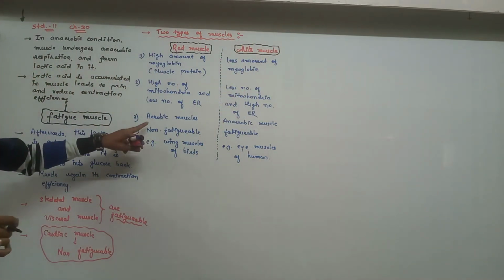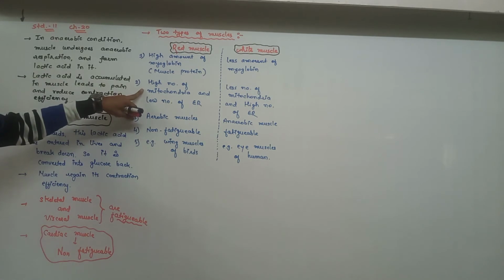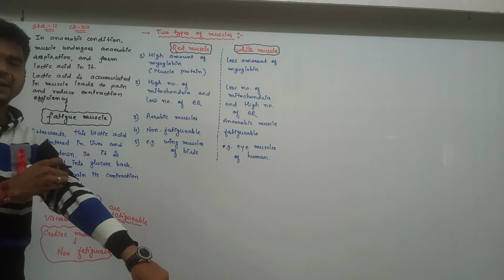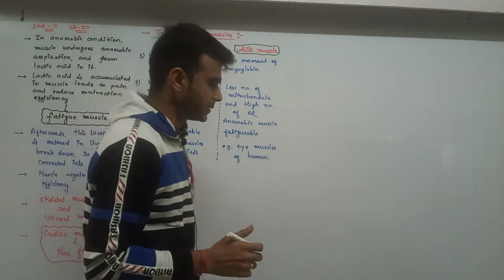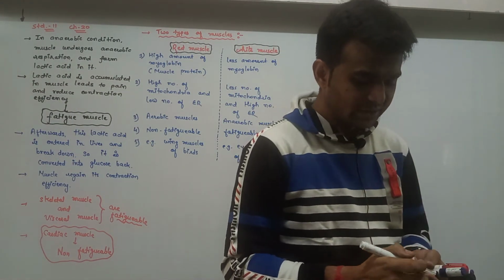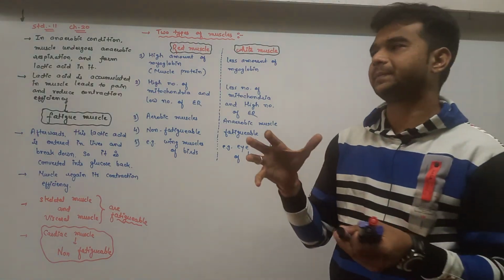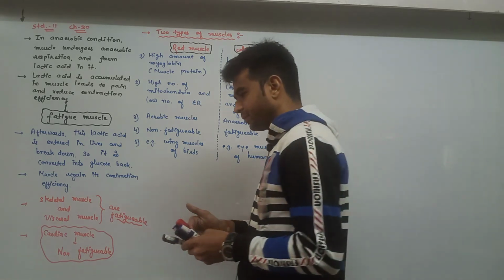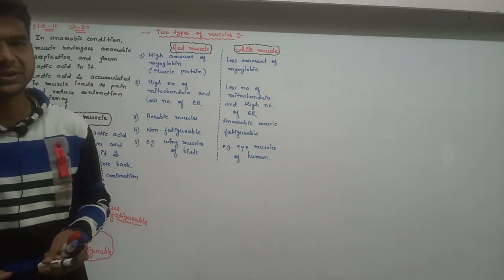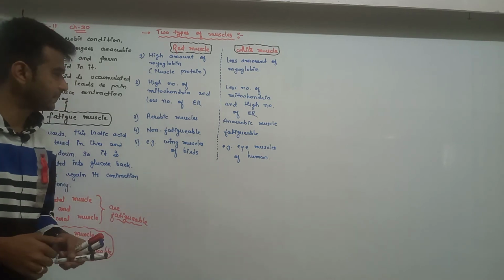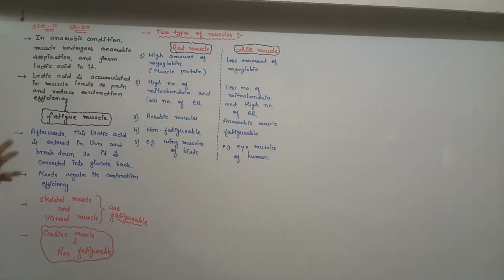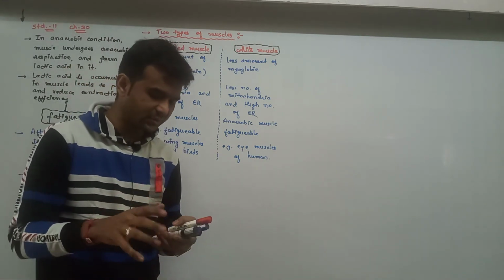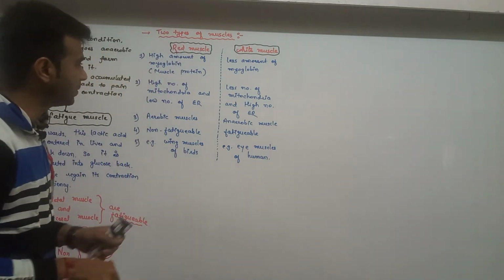For doing more work, red muscles contain a high amount of mitochondria, so they provide more energy. As you know, the simpler the cell, the fewer mitochondria there are, so a simple cell requires less energy to do its activity. So this is all about skeletal muscle and types of muscle. Fine, this topic is over.